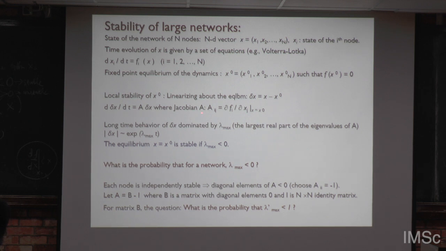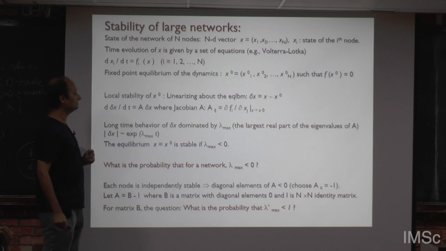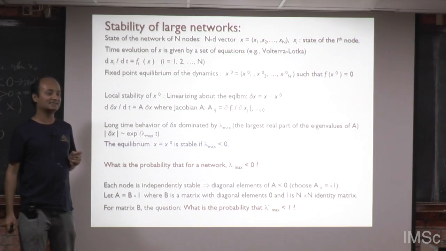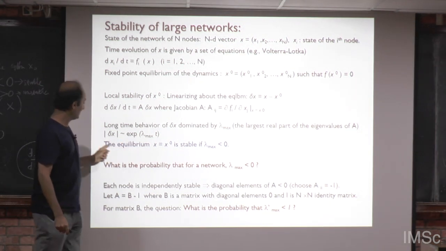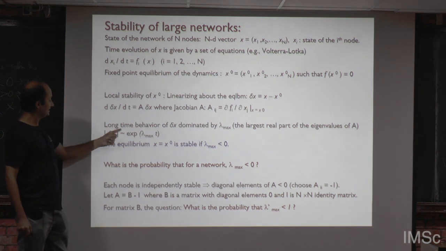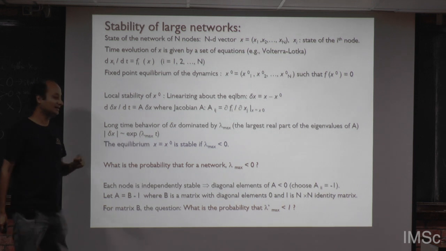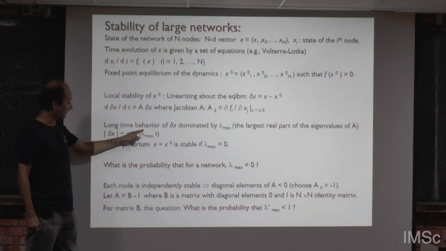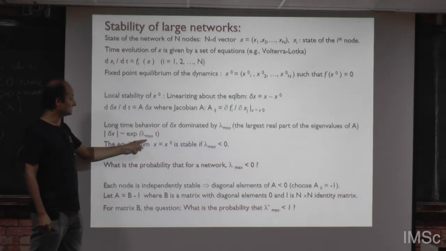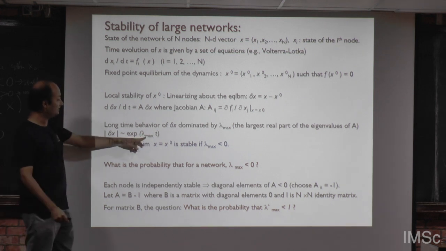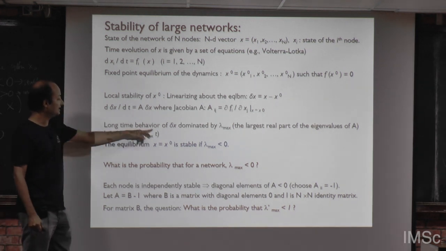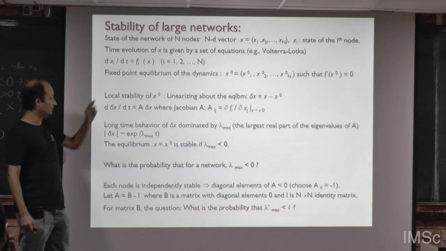Now, as I mentioned, the stability of the system is given by the largest eigenvalue. You can write the long time behavior of the perturbation as simply the exponential of the largest eigenvalue times t. If this largest eigenvalue is positive, the perturbation will grow exponentially.